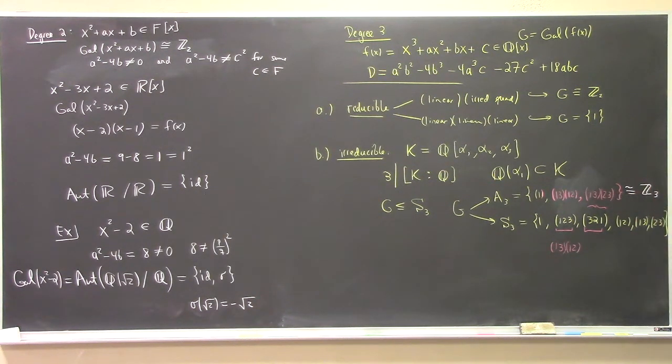Anyway, this is Z3. So if we have an irreducible cubic, the Galois group can either work out to Z3 or it can work out to the full S3. And we've seen the S3, like when we looked at x cubed minus 2, remember that one? The splitting field had to have the cube root of 2 and i.